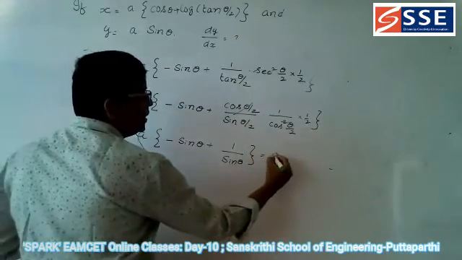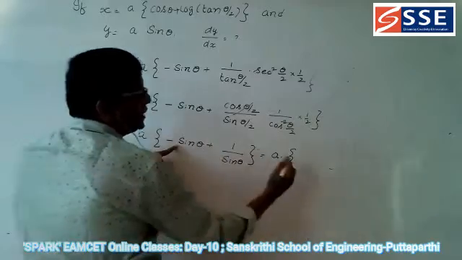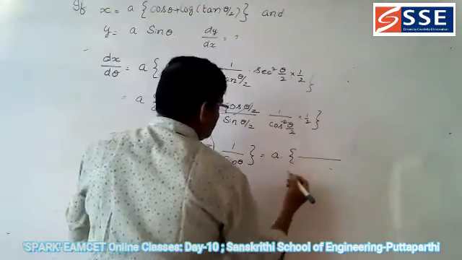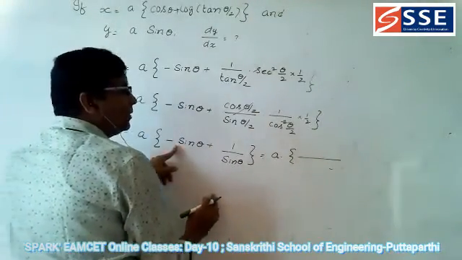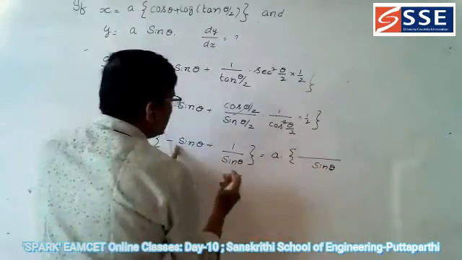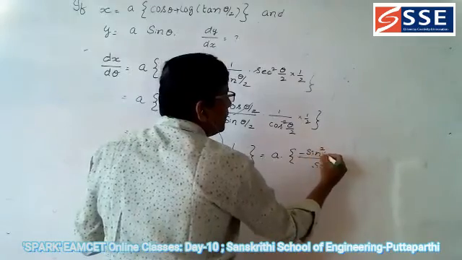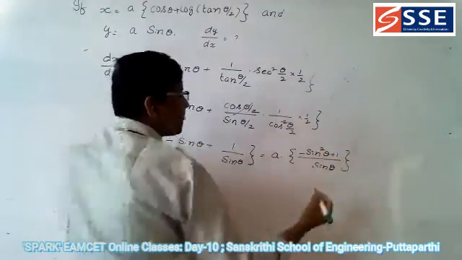So this is equal to a into, taking the LCM, sin theta into sin theta, sin square theta. Okay, below we get sin theta. Here we get sin theta into sin theta minus sin square theta plus 1.